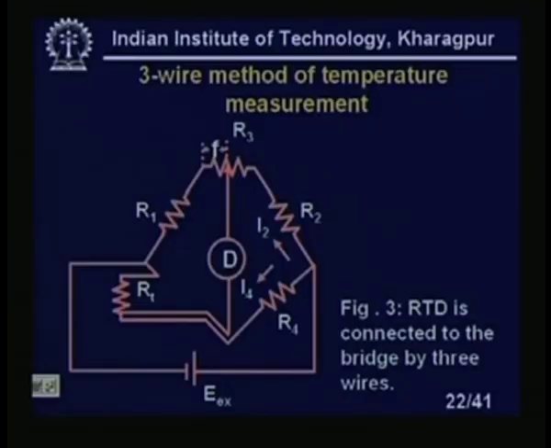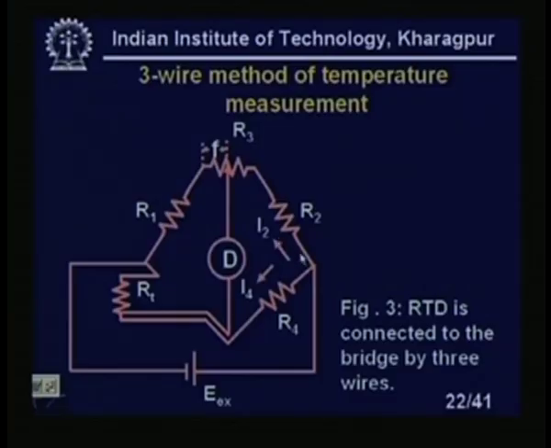So, this contact resistance is no more in the bridge circuit. Whatever bridge balance equation we write will be absolutely correct, and the contact resistance will be in the detector circuit, making the detector more or less sensitive. It does not matter, it is nowhere coming into the picture.